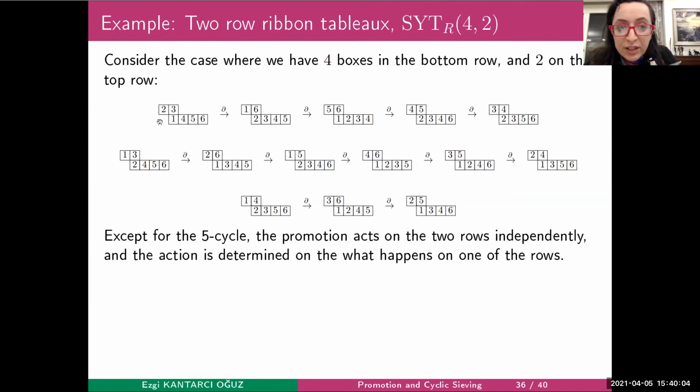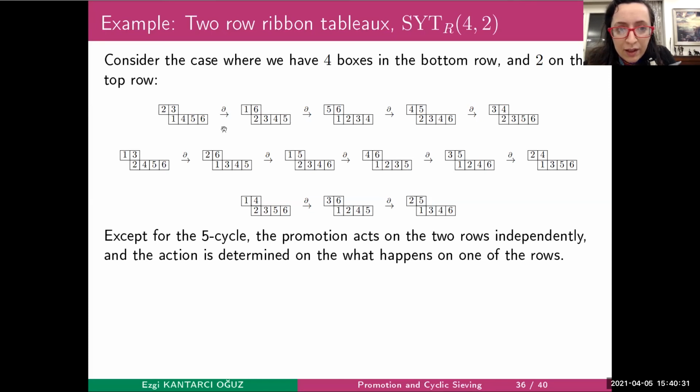This is the only tableau where I delete the smallest entry and then the top box falls down. In all the other cases, the smaller one will be the horizontal neighbor, so we'll just basically be doing promotion on the bottom row and the top row separately.